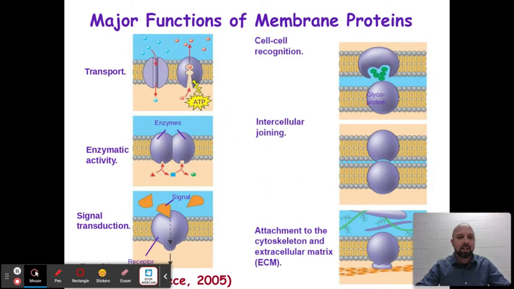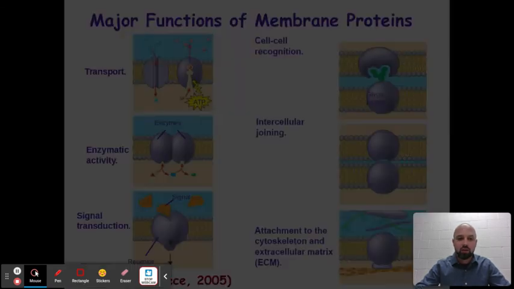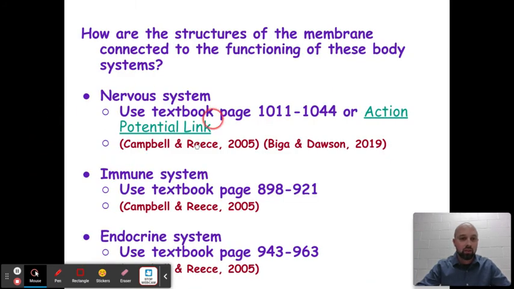Signal transduction is really important as it relates to the nervous system, with neurotransmitters binding to those ligand-gated ion channels, as well as the endocrine system, with hormones binding to their receptor molecules on cell membranes quite often. I really like to bring in connections at this point, because most of the time students, when they come to my class, have heard of these systems, or at least are able to relate somewhat to these.